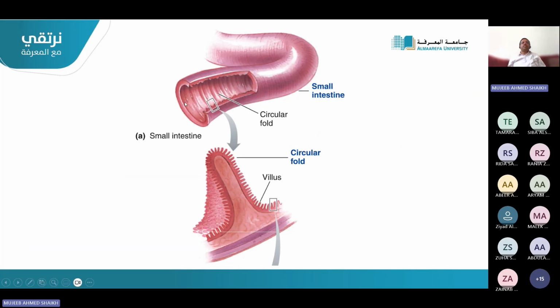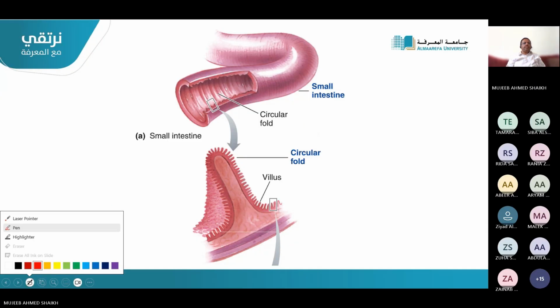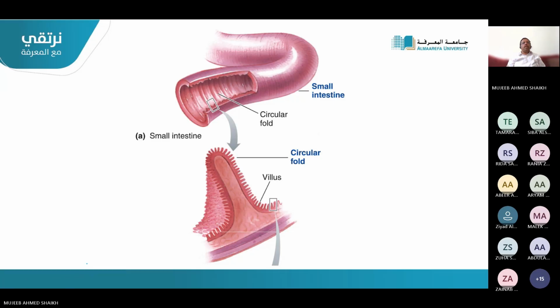So this was what I was telling you, that the small intestine has circular folds. You can see here. I will change the color so that you can easily see. These are the circular folds, again increasing the surface area. On the mucosa, you will see that there are villi.